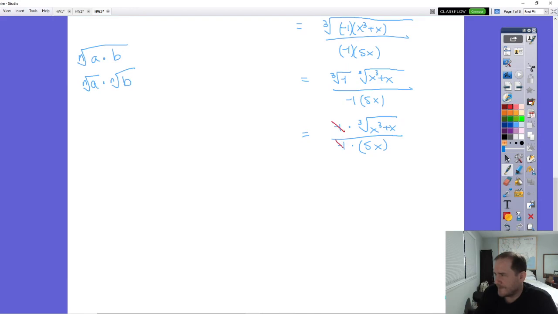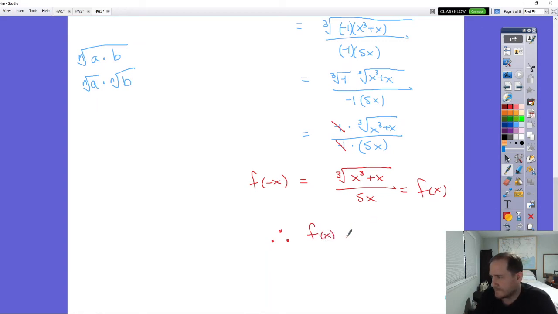The -1 and the -1 cancel, giving us our original expression, cube root of x cubed plus x all over 5x. So we can now say that's the original function f of x, but it was also f of -x, therefore f of x is even. There you go.